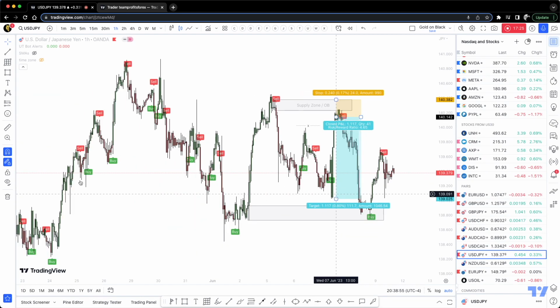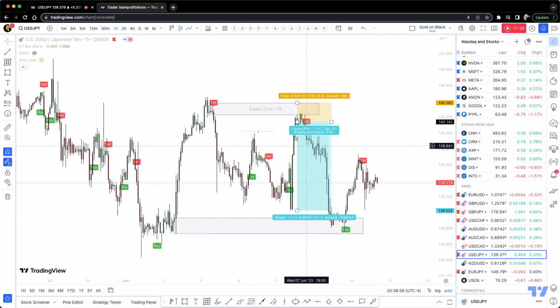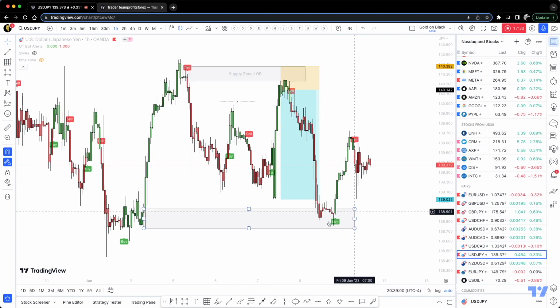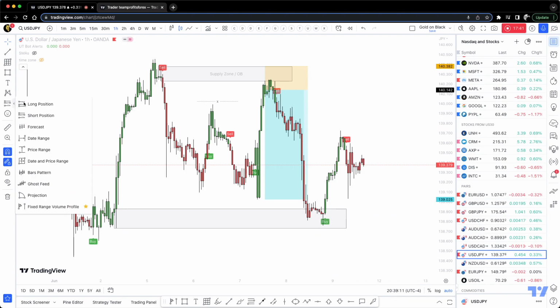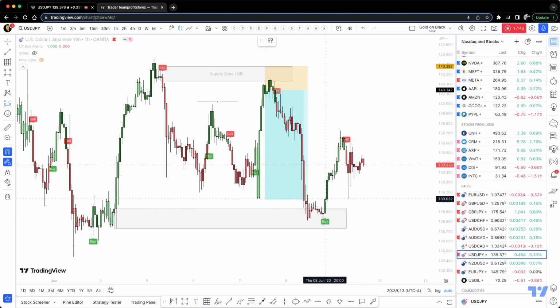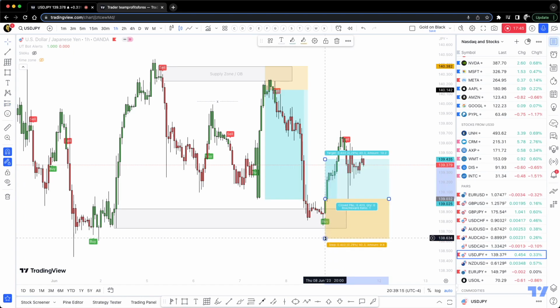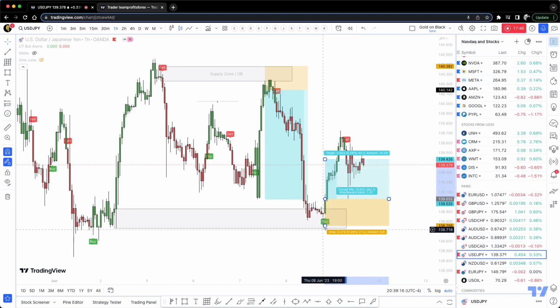On USD JPY, it's sort of ranging, but this sell played out very well, and so far I like the inducement. This terminology, this word that I'm using right now, is based on smart money concept, as I mentioned. I don't want to get you confused, but hey, there's an inducement right there. Maybe an entry would have been in there if you want to do it at the 1 hour time frame.